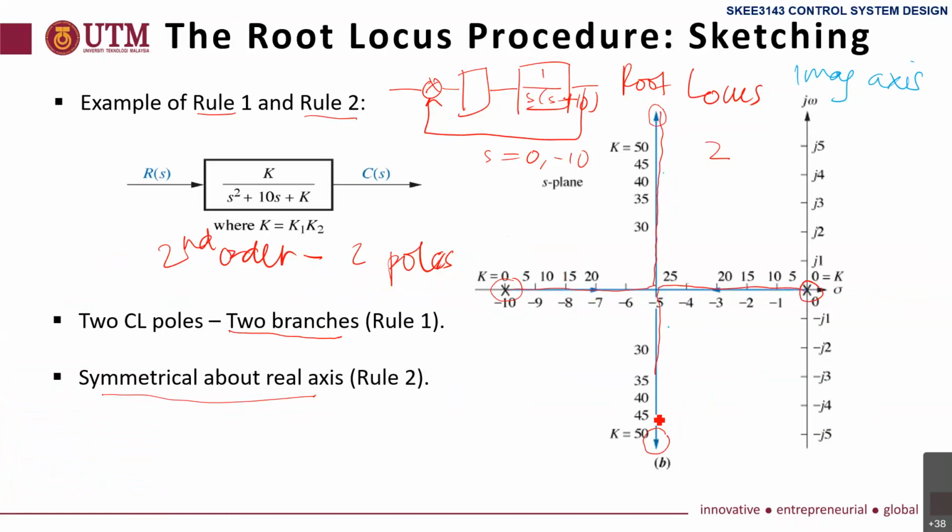Actually, we do not know whether it is going up or going down, and that is not important. But the one we are interested in is the number of branches. In this case, it is 2. From here it goes to here, and this one goes here. 2 branches.